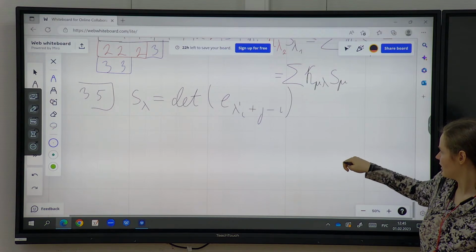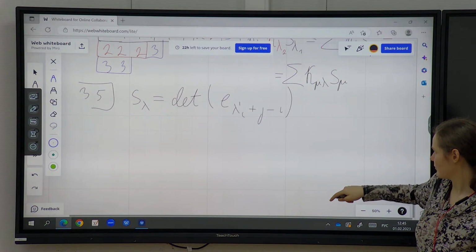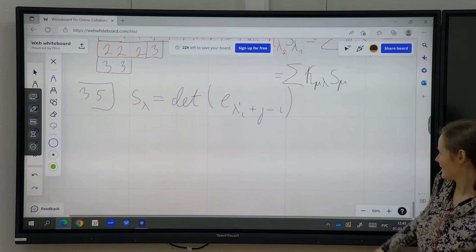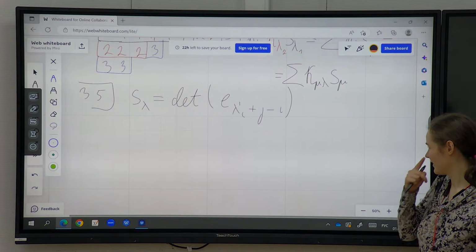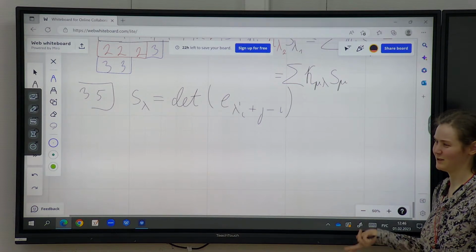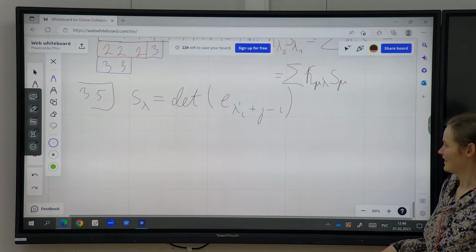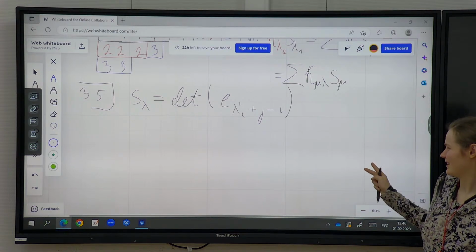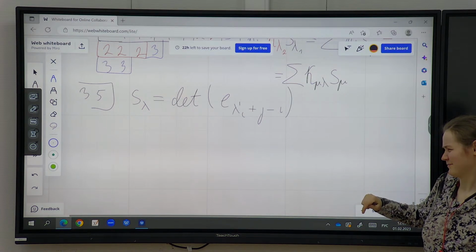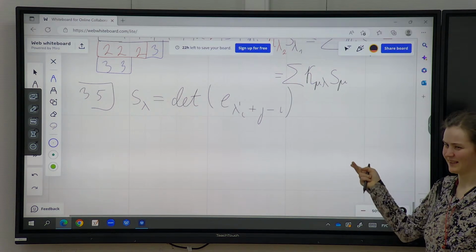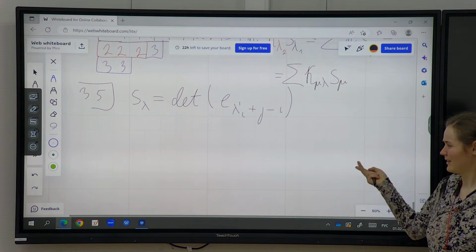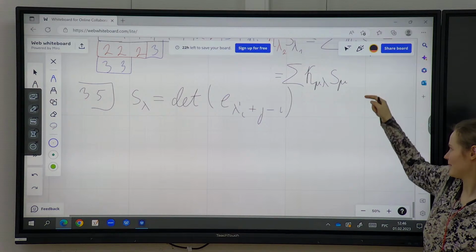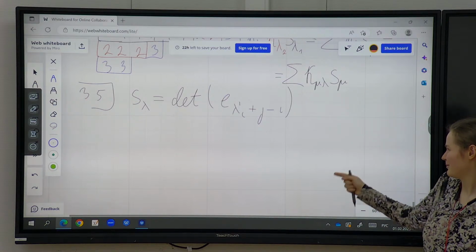For each row there was a corresponding complete symmetric polynomial, and then we did the Lindström-Gessel-Viennot trick and said that Young tableaux are non-intersecting paths, and non-intersecting paths are counted by determinants.